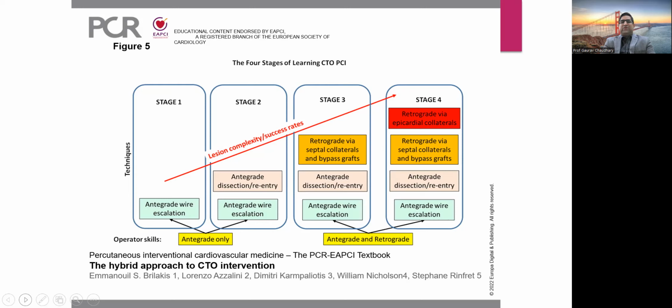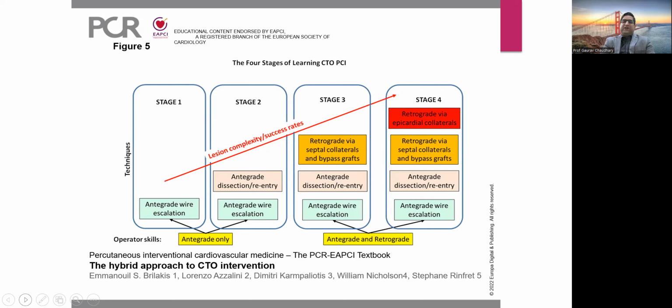In stage three and four, retrograde PCI via septal collateral or bypass graft should be tried, and ADR can be tried. Once we are well versed in retrograde PCI by septal collateral, then we can go with the epicardial collateral as well, because epicardial collaterals are fragile and many times prone to spasm.